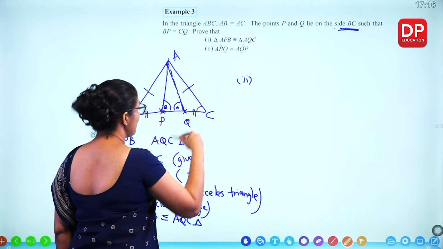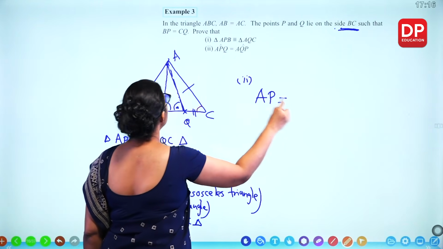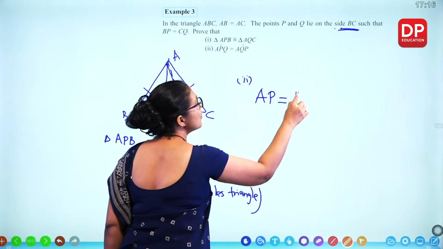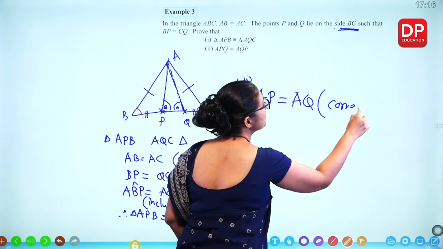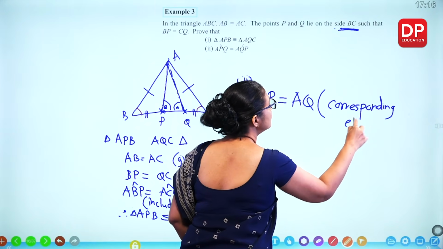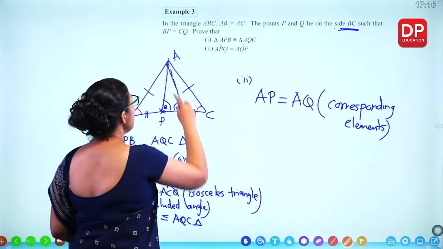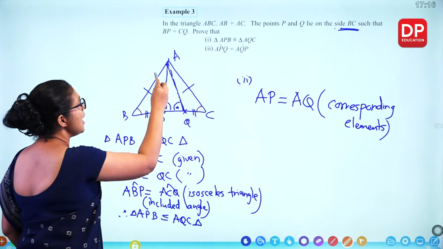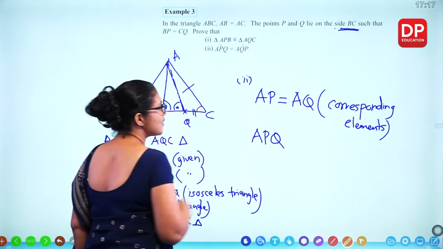So from the first part, we can say AP equals AQ. Those are the two corresponding elements. If you know these two lengths are equal, APQ is an isosceles triangle.